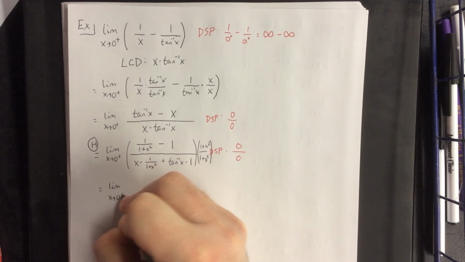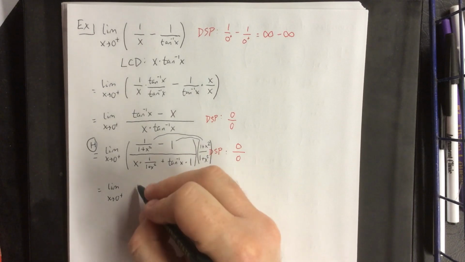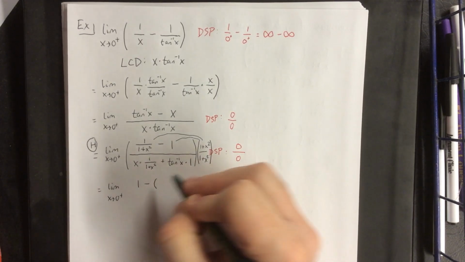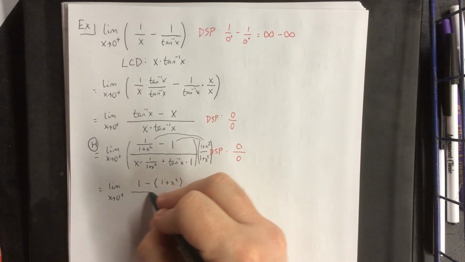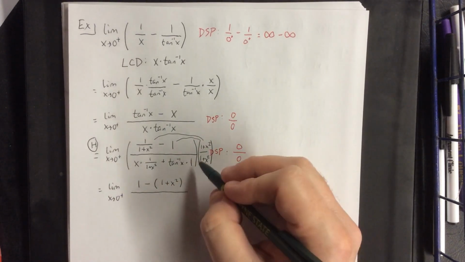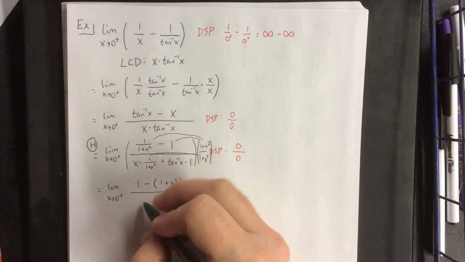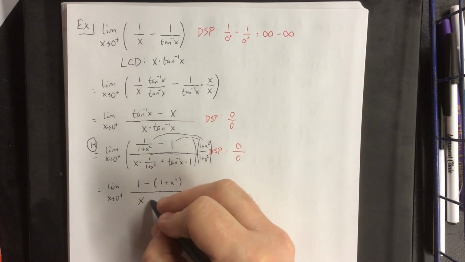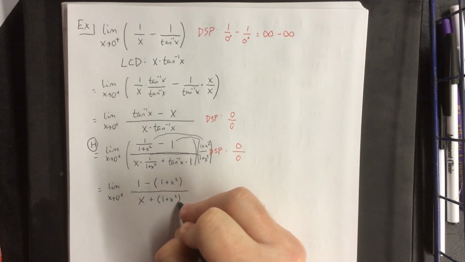So in the numerator, we distribute the 1 plus x squared to both terms. This will become 1 minus 1 times 1 plus x squared. In your denominator, this will once again distribute to both terms. So distributing to the first term, that'll simply cancel out the fraction that's already there. And on the second term, it sticks around.